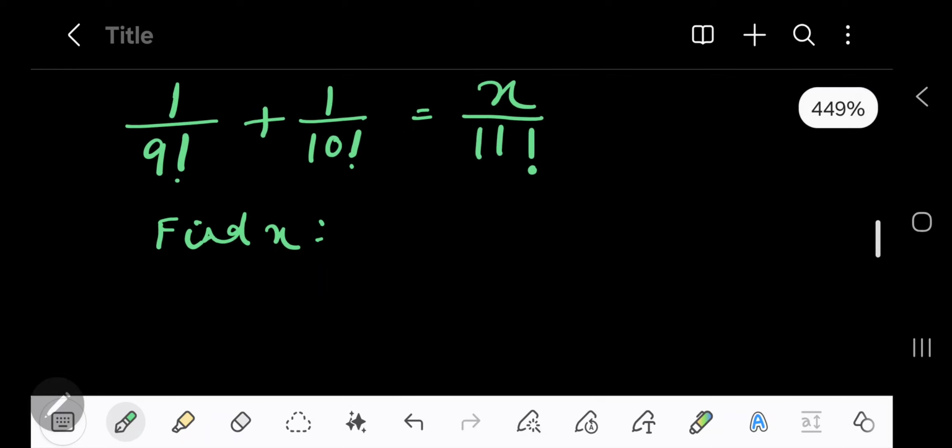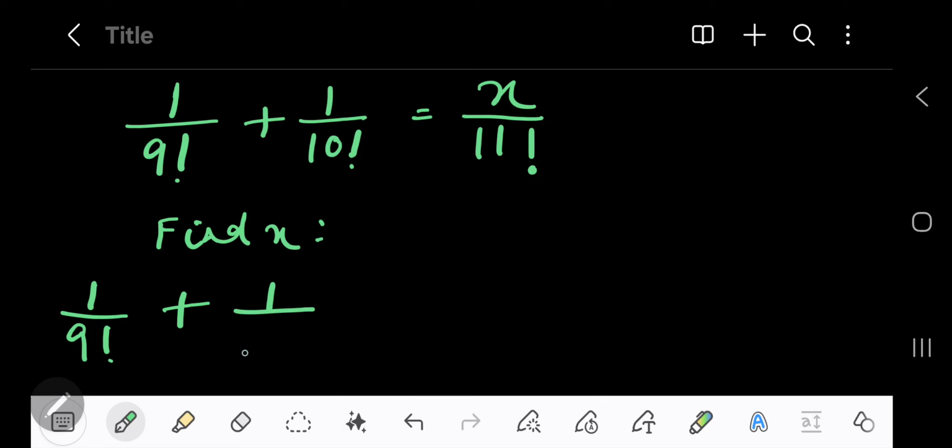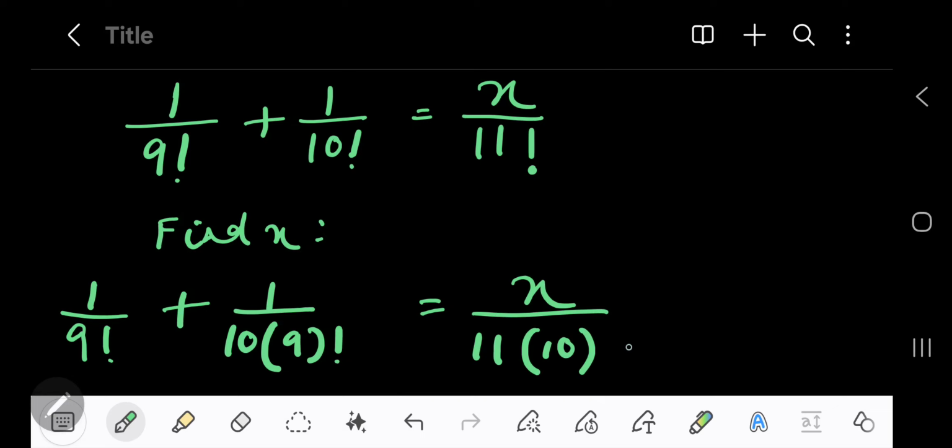What we're going to do is keep 1 over 9! the same. 1 over 9! plus, 1 over 10! is 1 over 10 times 9!, equal to x over 11 times 10 times 9!.